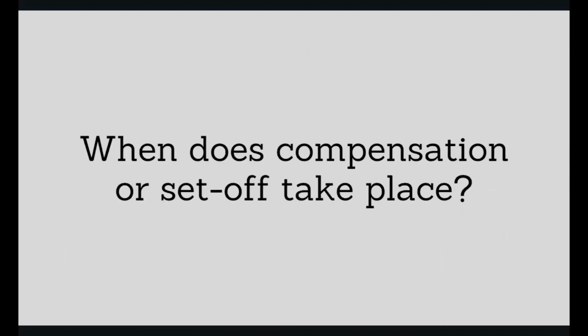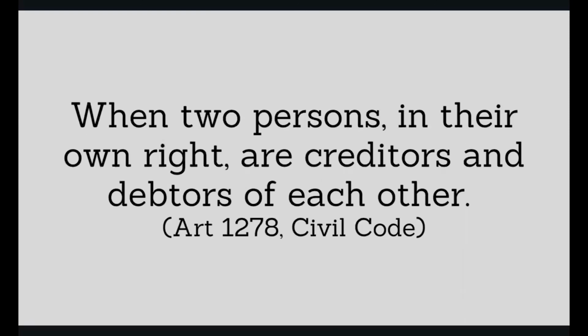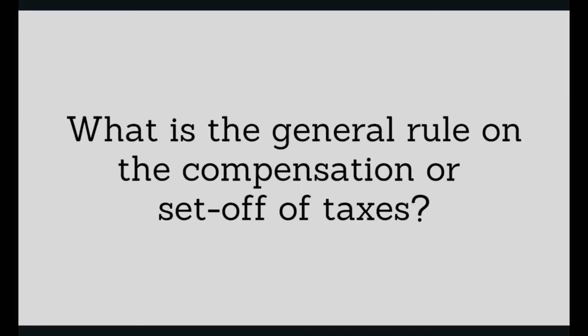When does compensation or set-off take place? When two persons in their own right are creditors and debtors of each other. Article 1278, Civil Code. What is the general rule on compensation or set-off of taxes?